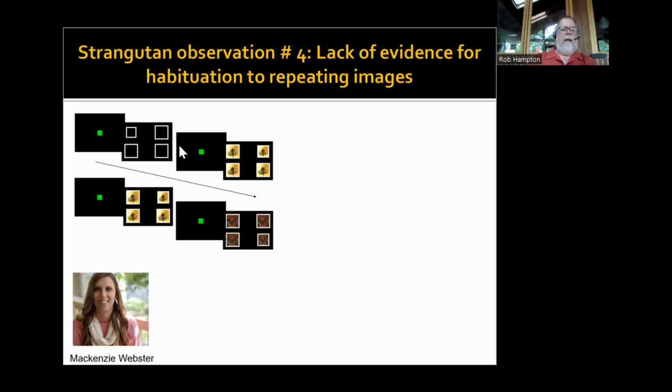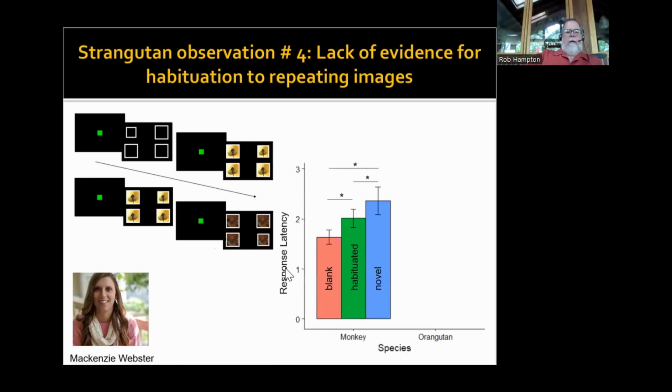And so we have blank trials where there's no image. We have images that repeat, that the animal might habituate to and show quicker performance with the repetitions. And then we have trials where the images are new, which they've never seen before, and they might be interested in that image, and that might slow down the target finding performance. So indeed, when we do these tests with monkeys, what you're seeing here is the two species we have, and the response latency finding the smaller target.